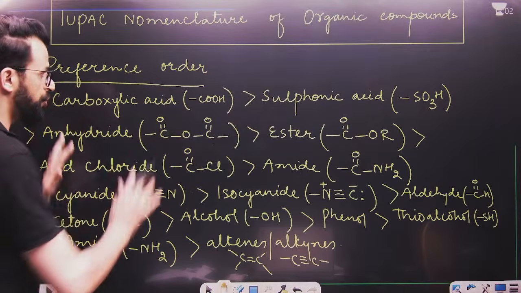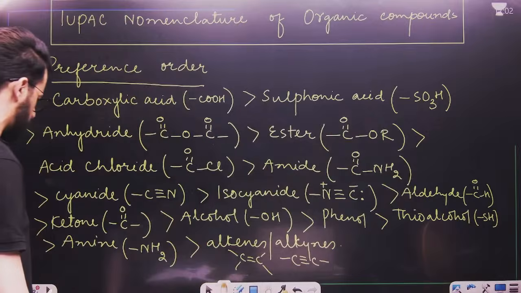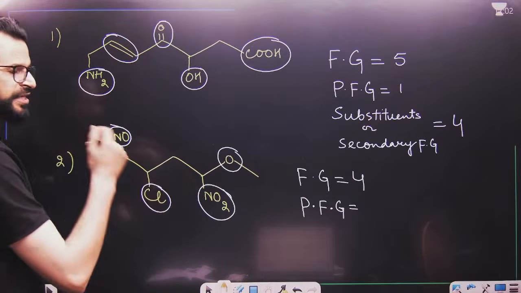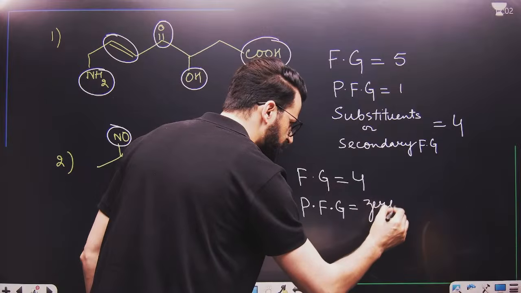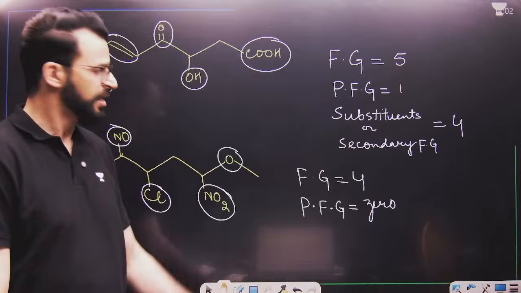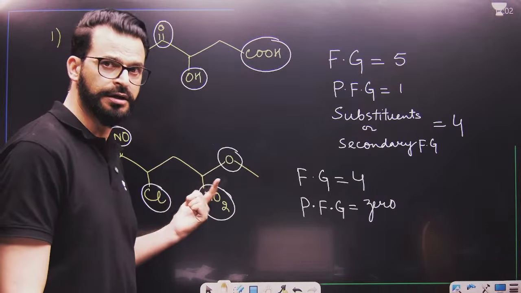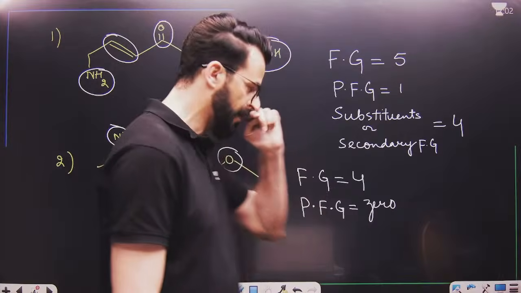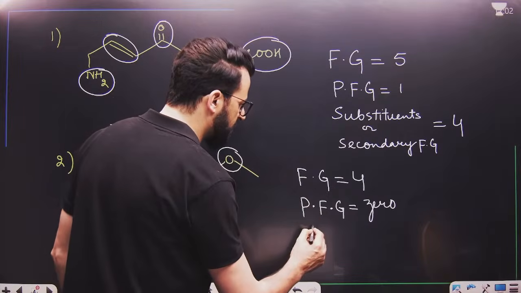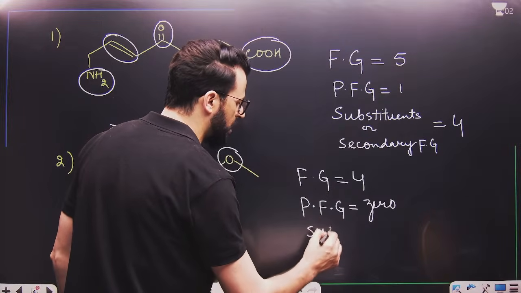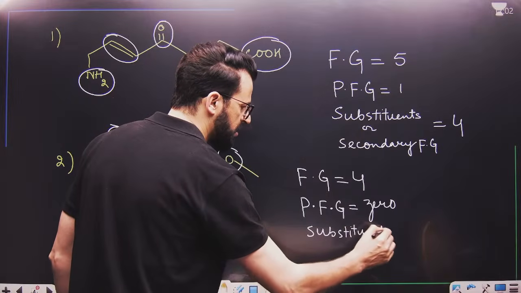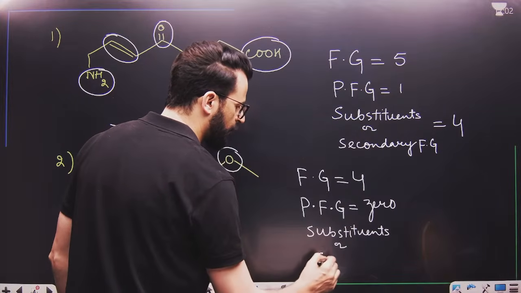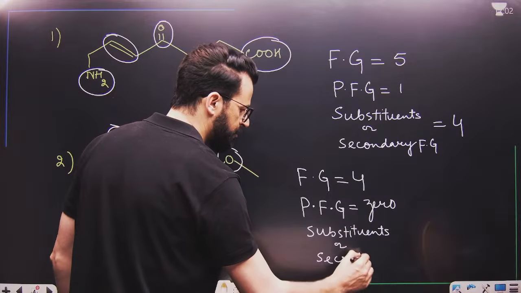Answer is no. So there is no principal functional group in this compound. That means functional groups are 4 in number, but there is no principal functional group. That clearly indicates that these are functional groups which always act as substituents or secondary functional groups.